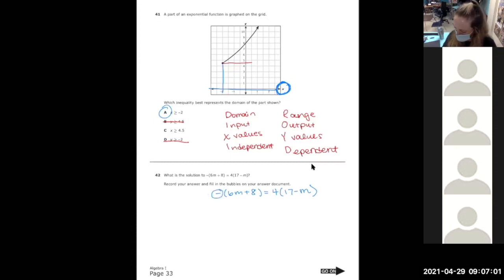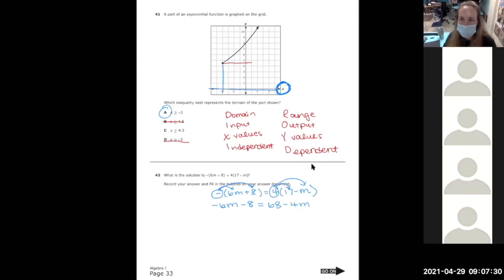I'm going to distribute the negative, and I'm going to distribute the 4. So that's going to give me -6m minus 8. Remember, the negative just changes the sign of everything. Equals, and then 4 times 10 is 40 plus 4 times 7, which is 28. So 40 plus 28 is 68 minus 4m.